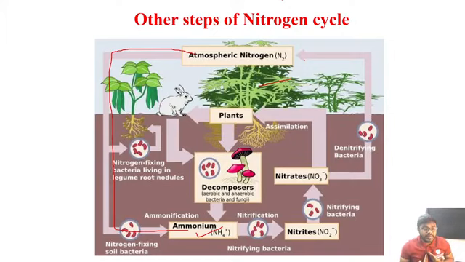I can assimilate it, incorporate it, and use it into amino acids and proteins. Now what we are going to do, friends, is convert this NH3 or NH4 into NO2, and NO2 into NO3. Everyone pay attention.